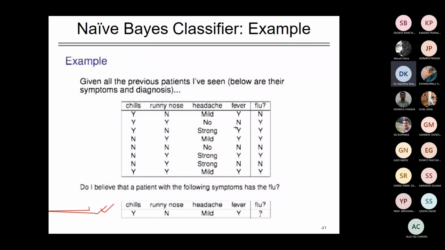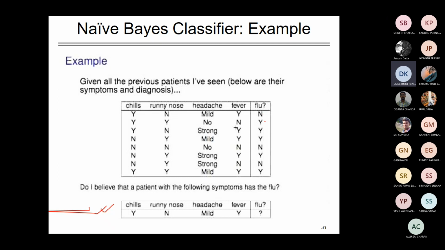Now we have to predict whether the person is having flu or not. So from this given data set, we will get the marginal probabilities, and then the marginal probability estimation, and from that we have to determine whether the person is having flu or not.